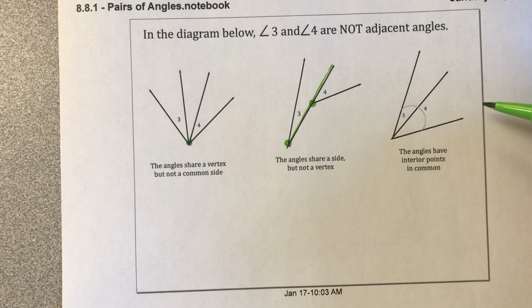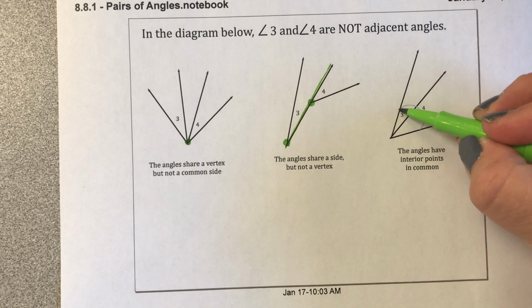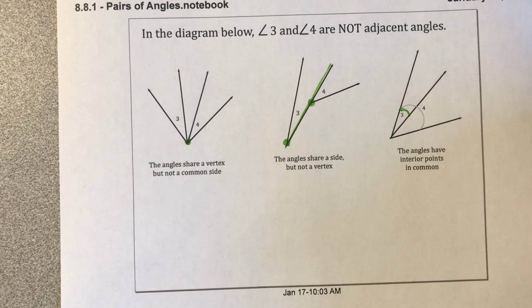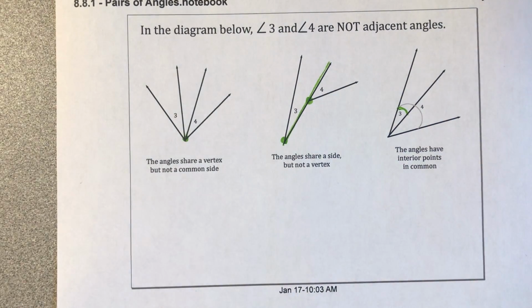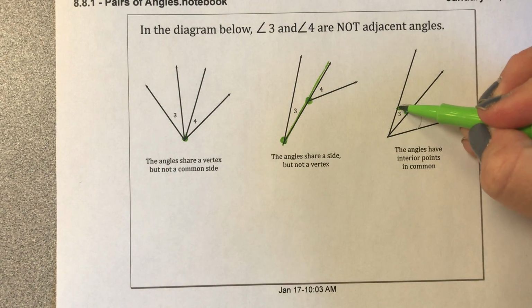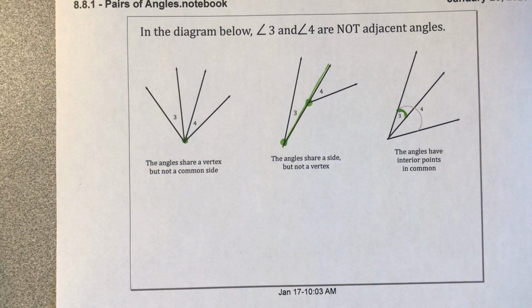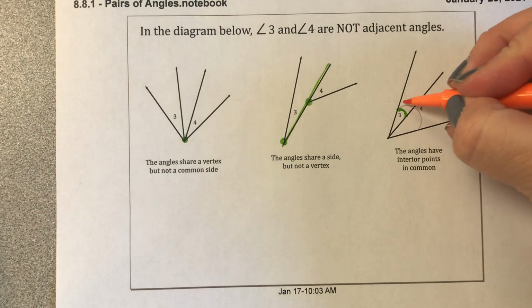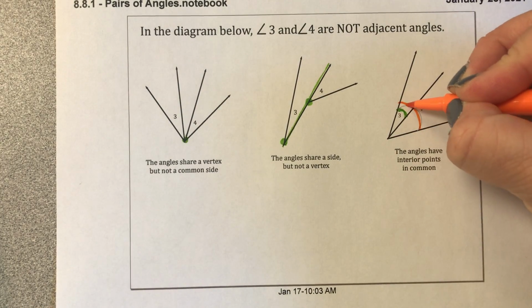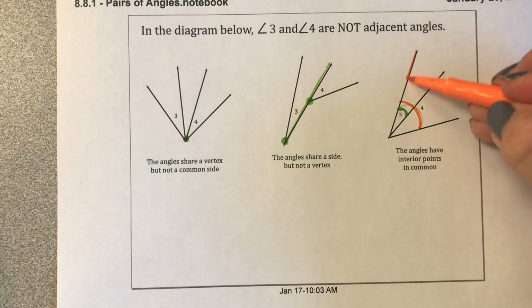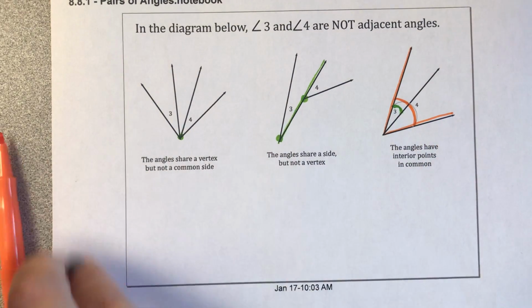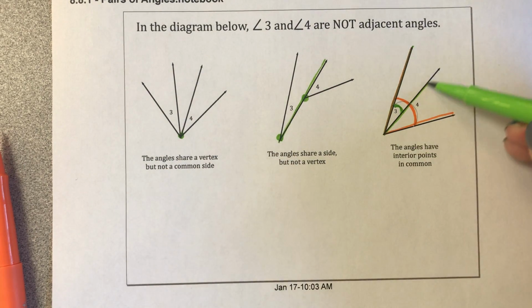This one's a little hard to see because it's not in color. But really quick, angle 3 is talking about this angle right here. And angle 4 is talking about this part right here. So this whole angle is 4, and then this angle is 3.